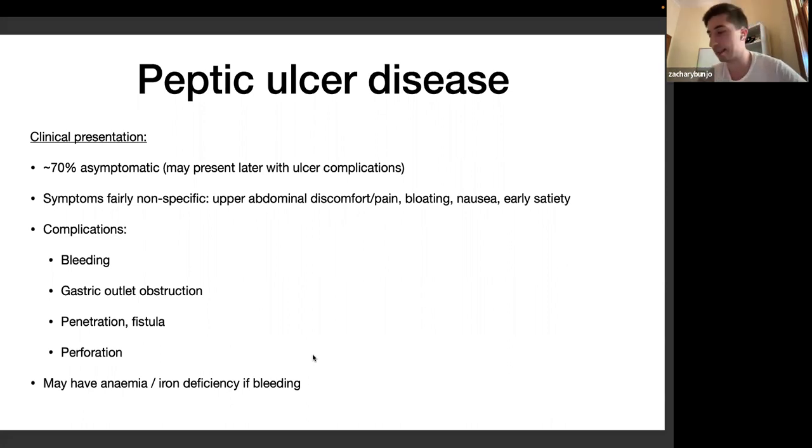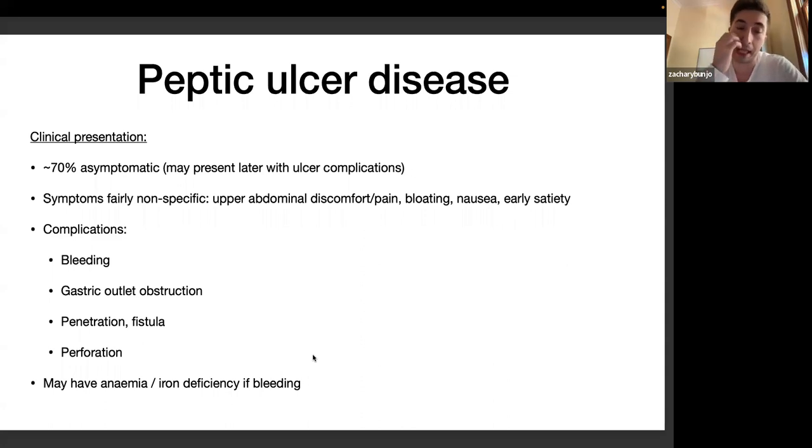And similarly, you can get gastrocolic and duodenocolic fistulas through the duodenum, through the large bowel. And perforation is one of the more classic presentations you're going to encounter in MCQs and OSCE situations, and they're obviously going to present peritonitic and septic.